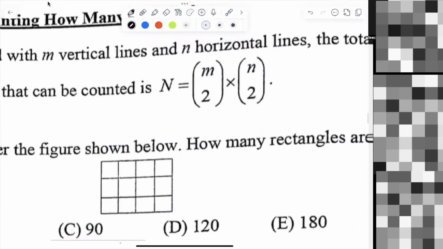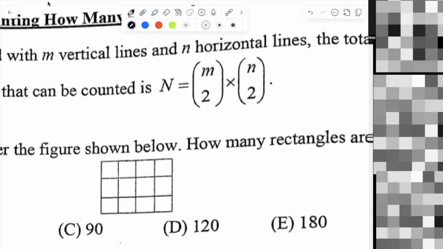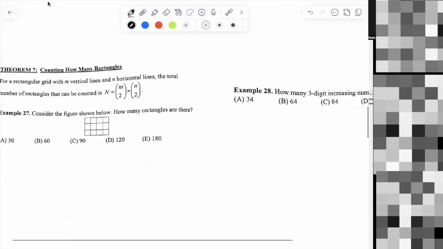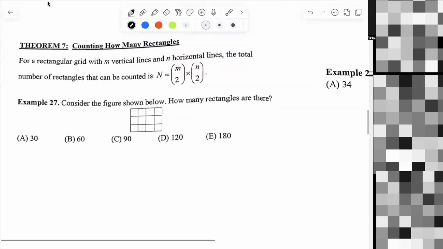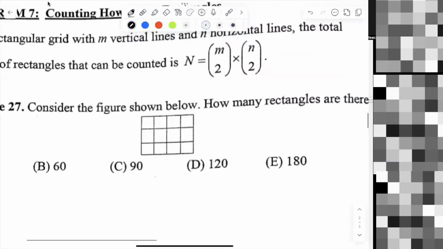Why is it true? Well, how do we make a rectangle or a square? How do we do this? Well, this formula right over here is just telling you this.